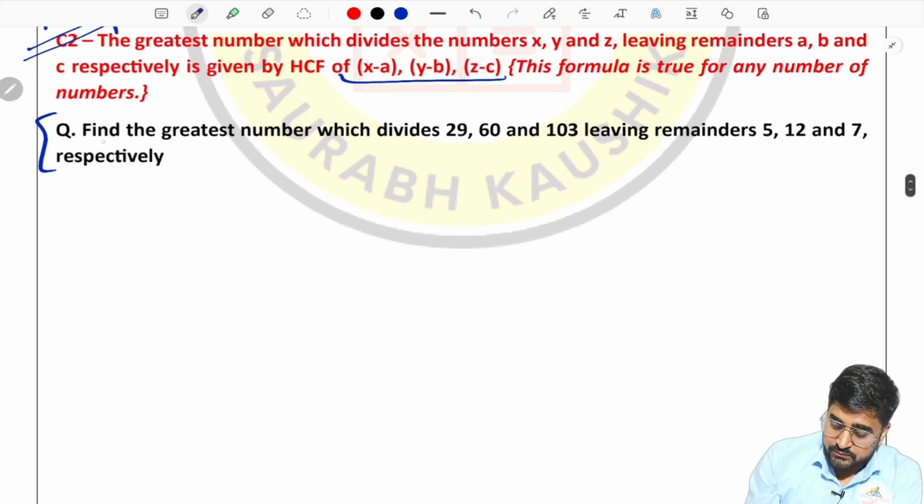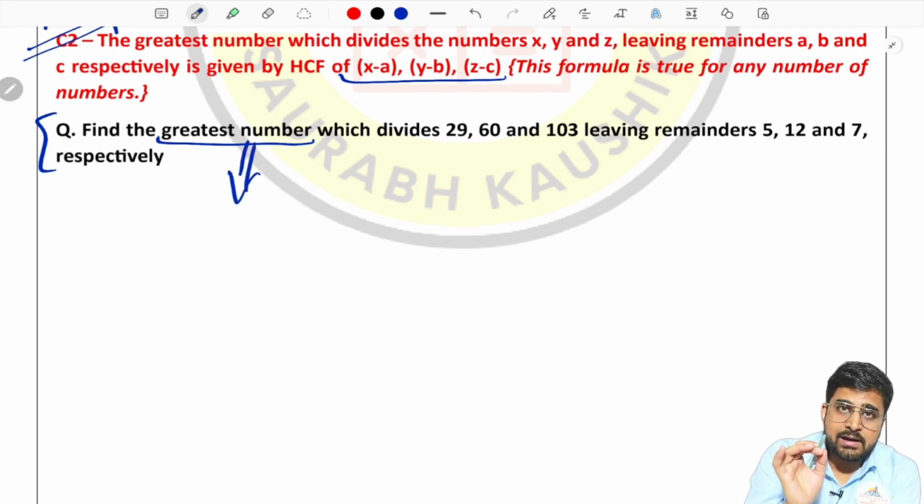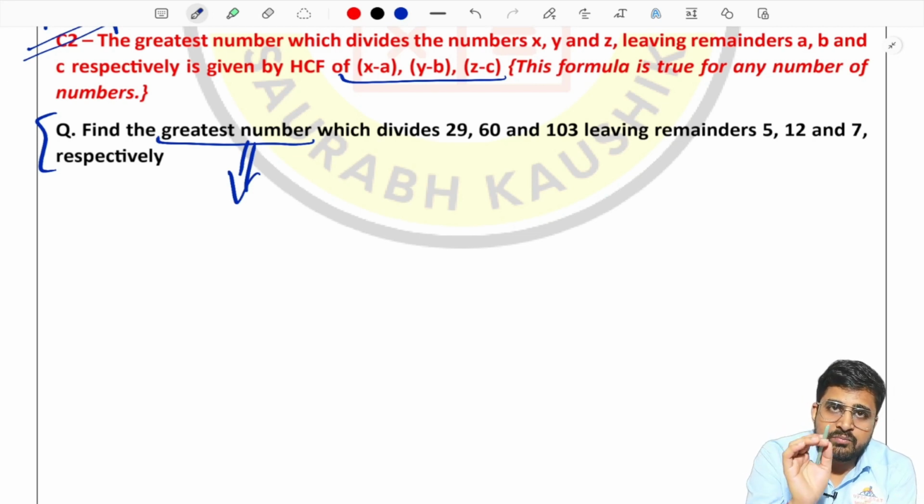The question says: find the greatest number by which we divide these numbers leaving these remainders respectively. We have to find out the greatest number. I hope you understand what you have to do when they are asking about the greatest number.